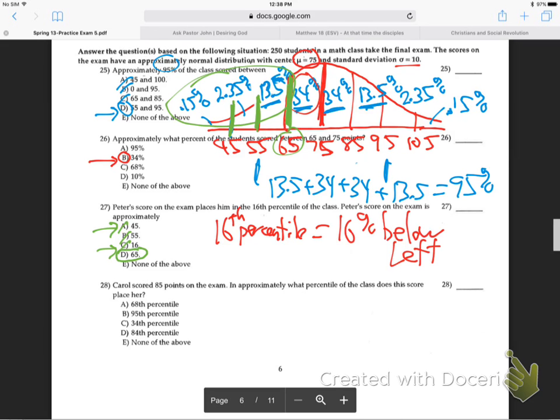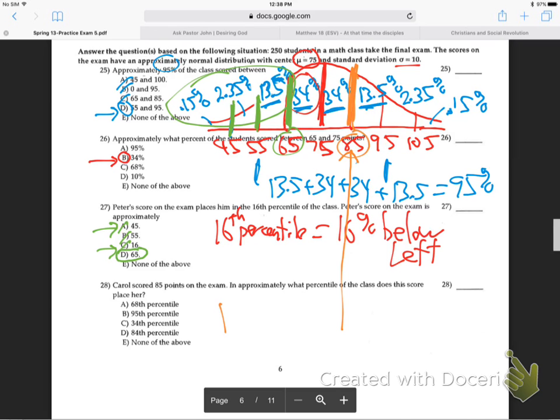Good on that. And 28: Carol scored 85 points on the exam. What's her percentile? So she got 85. Carol's right here, at an 85.